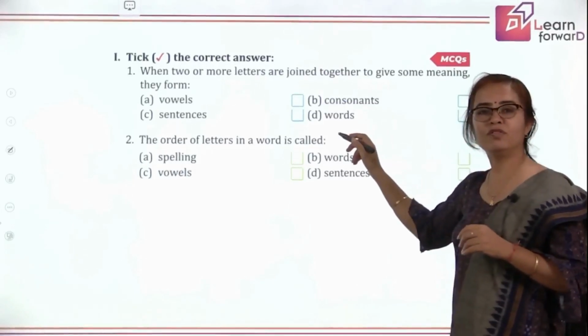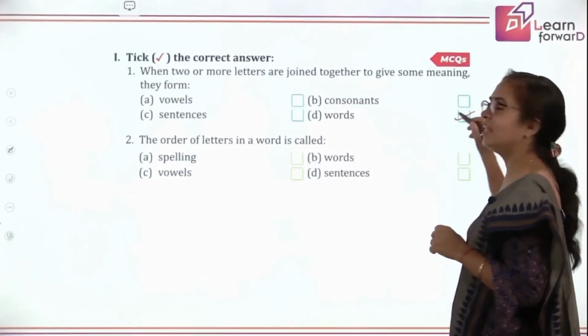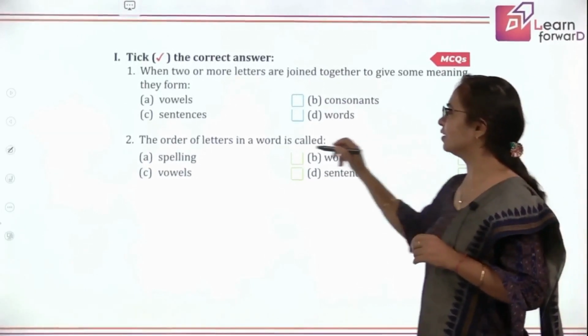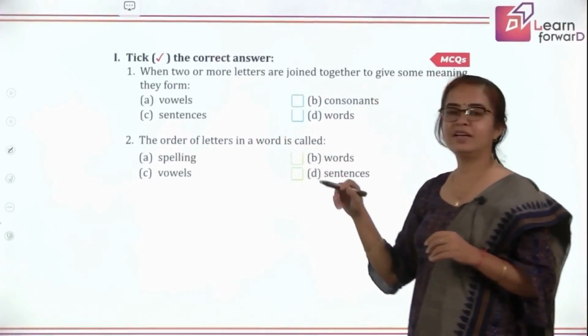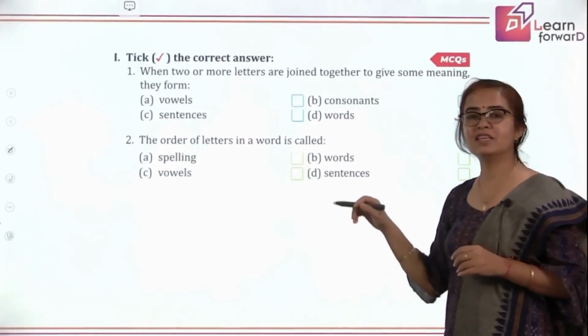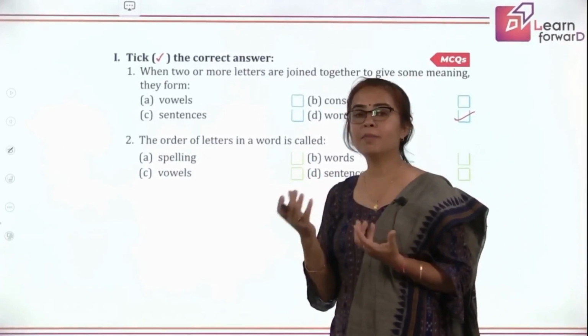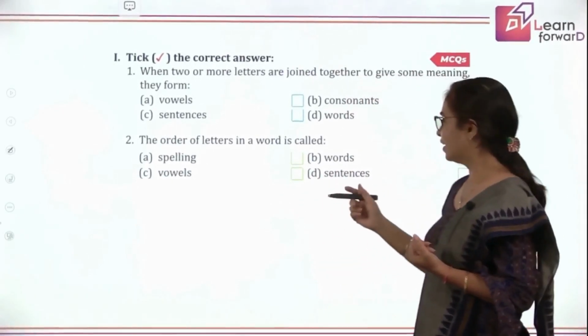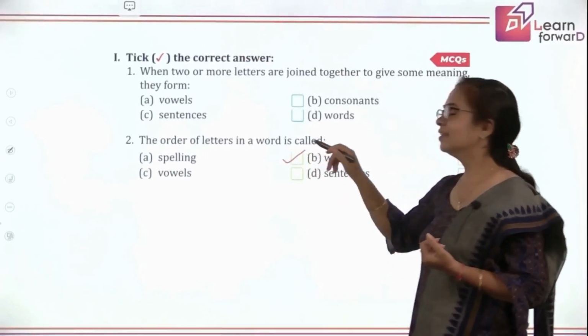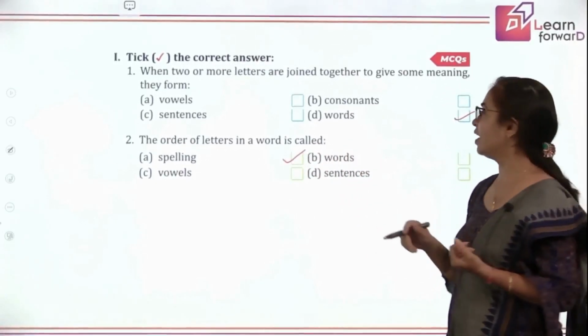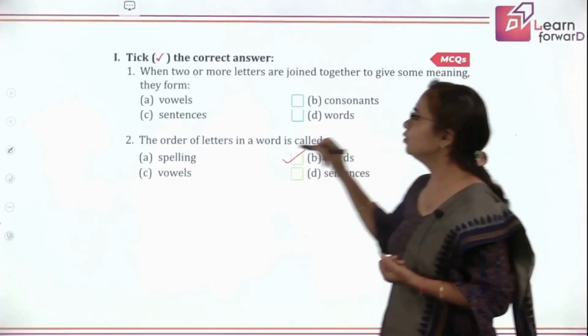So what do they form? Yes, they form words together. What is the order of letters in a word called, when you have to put the letters in proper sequence to get a meaning out of it? That is called the spelling of the word. Very good. Let's move to the next.